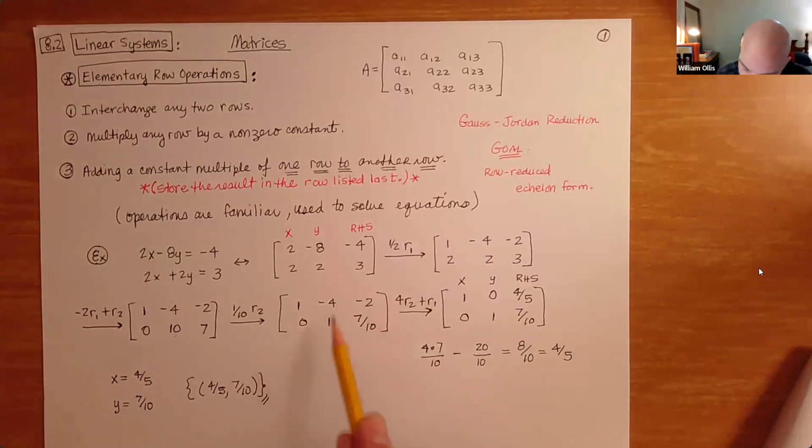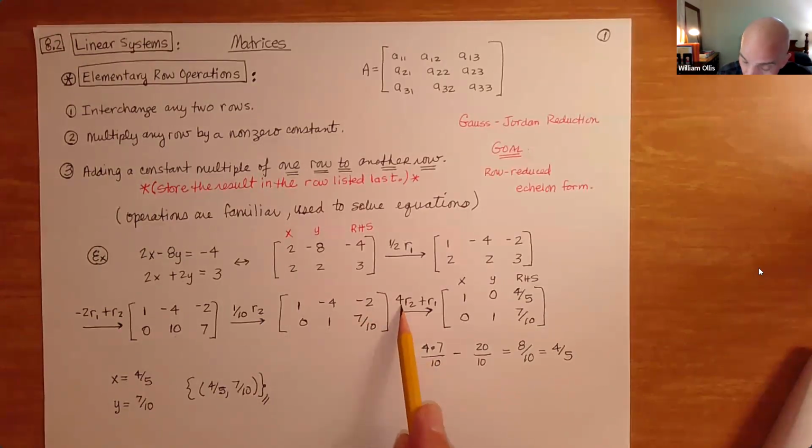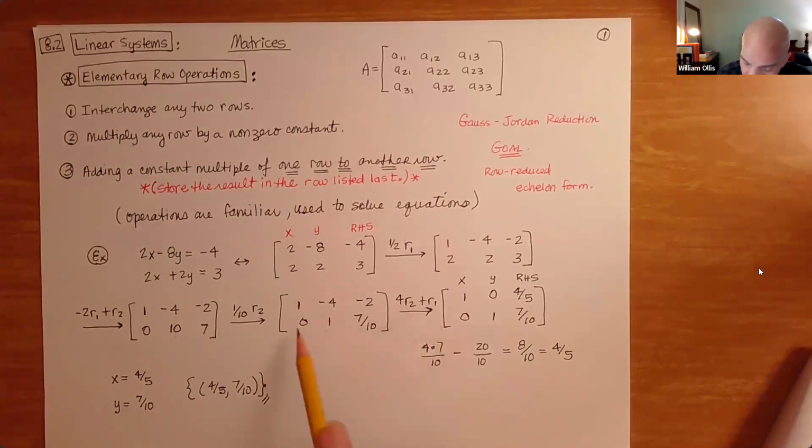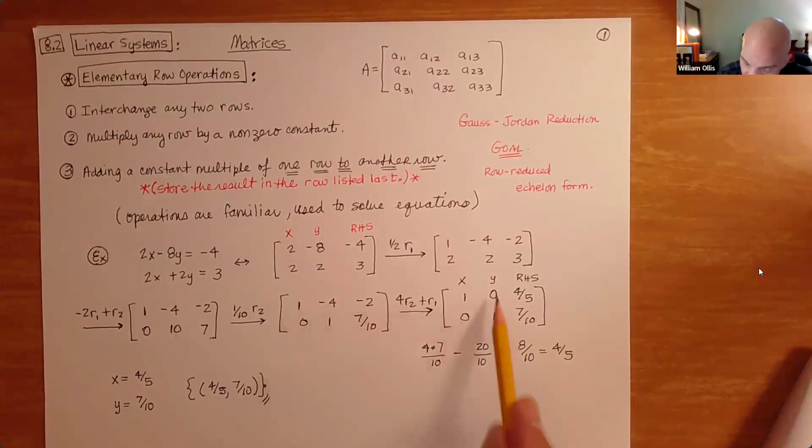So now when we look at this, how can we make the 0 here? Well, we can multiply this row by 4 and add it to the first row. So notice row 2 is multiplied by 4. We add to the first row. So the 0, of course, doesn't change anything. So we have 4 plus a negative 4, which is 0. And now here we have 4 times 7 right here. And then we have a denominator of 10.